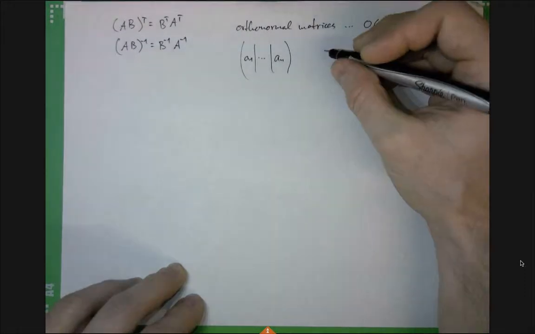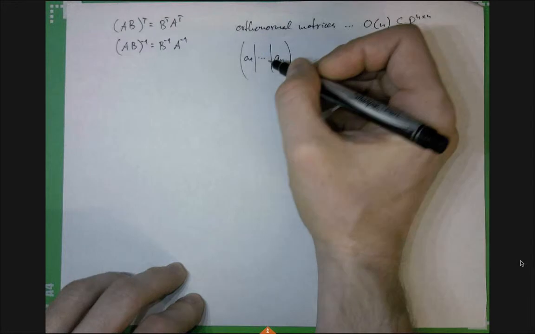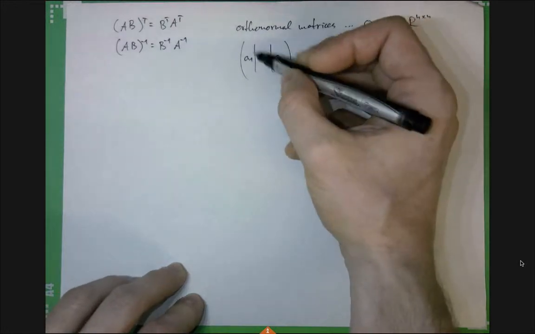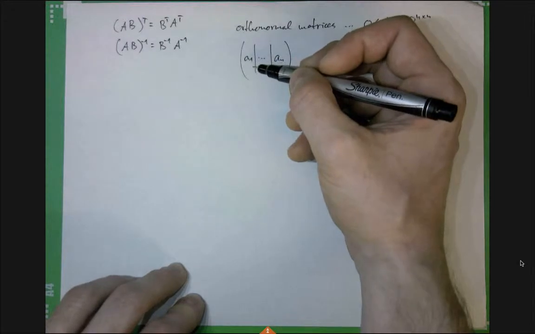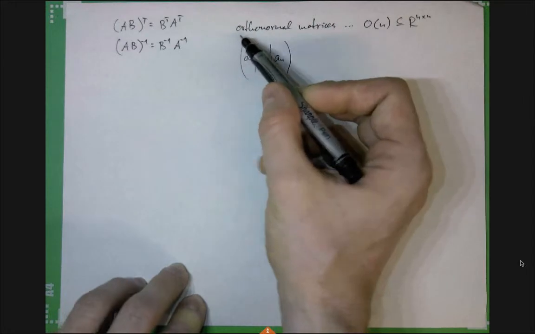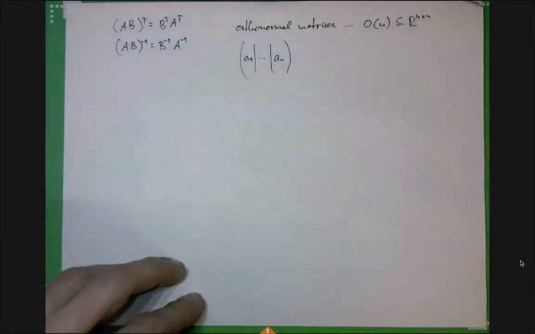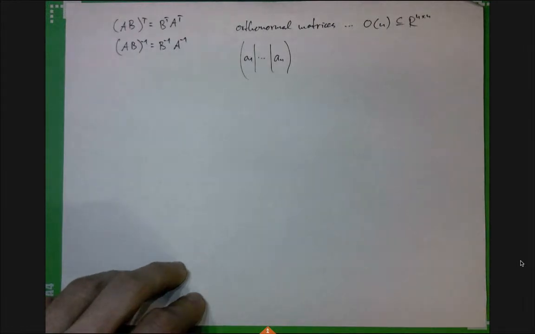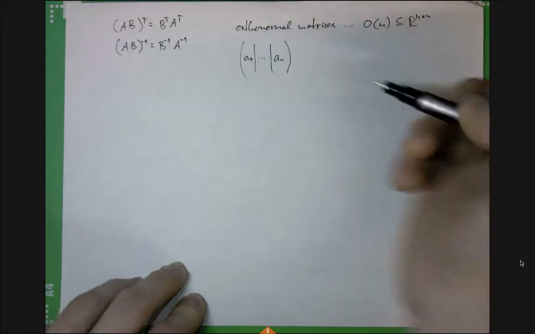Exactly, that's right. If I take the dot product of two different columns, I have to get 0. And if I take the dot product of a column with itself, the squared norm of the column, I have to get 1. You could also talk about orthogonal matrices, which would have just the first property, and they would not have to have columns of length 1. But it's a very subtle distinction. Normally, you can just talk about orthonormal matrices.